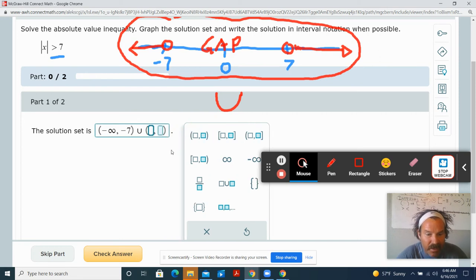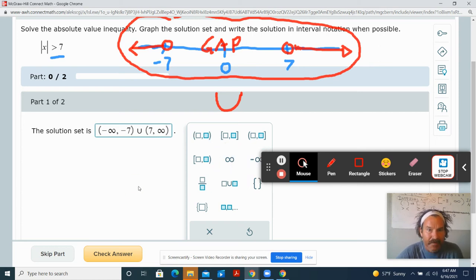So I'm going to go 7. And then it goes to positive infinity. Okay. So it's got to look like that. Negative infinity to -7, gap, 7 to positive infinity. If your absolute value sign is greater than 7. Okay. I'm going to check my answer.